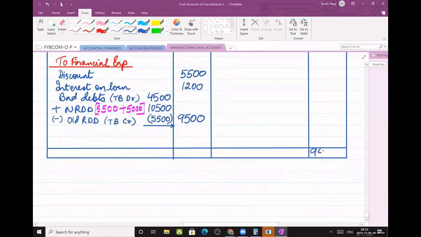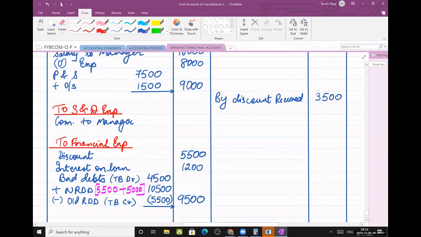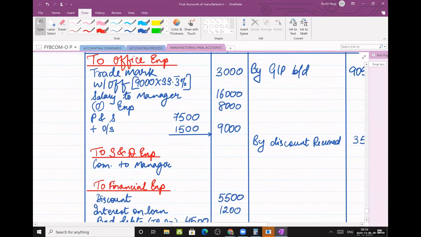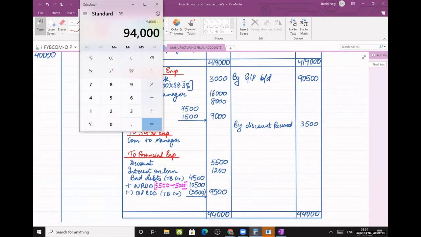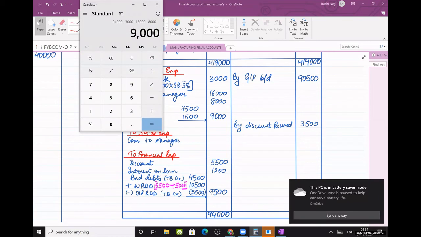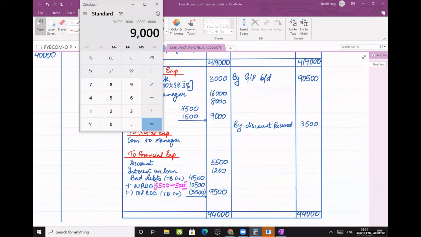So write it here. 94. Subtract the debit side. Minus 3,000 minus 16,000 minus 8,000 minus 9,000 minus 5,500 minus 1,200 minus 9,500.